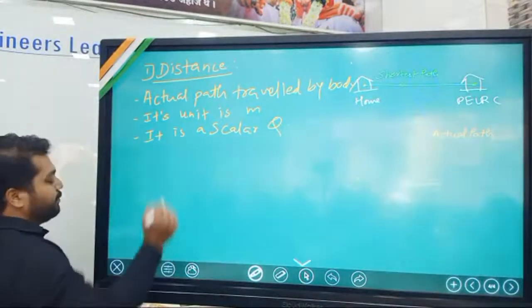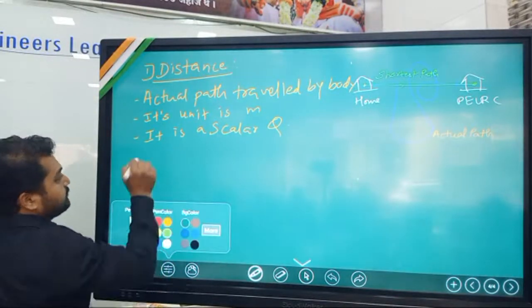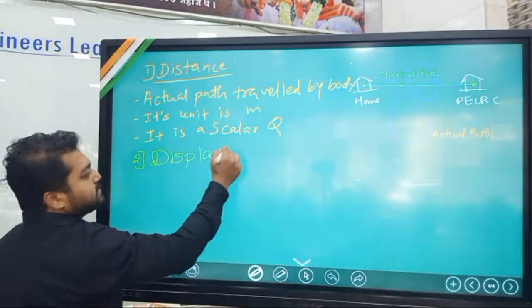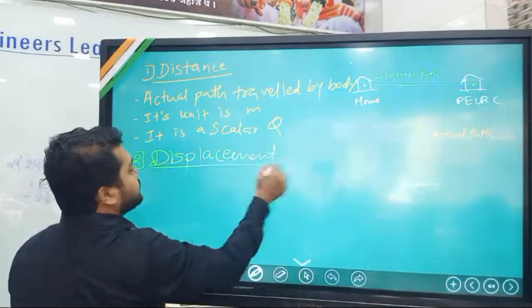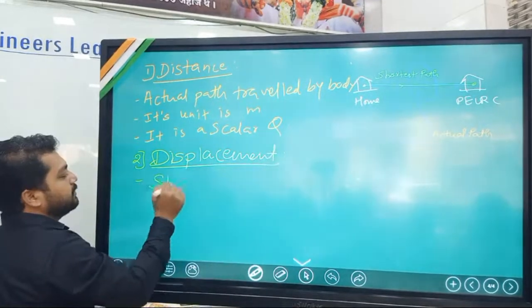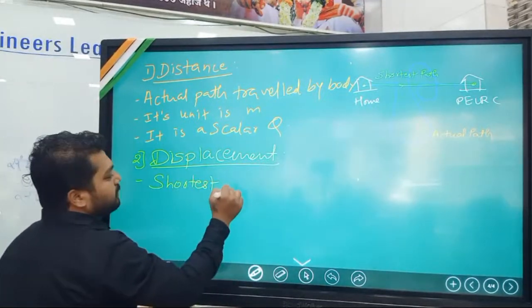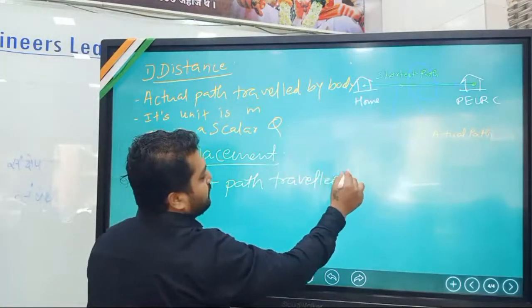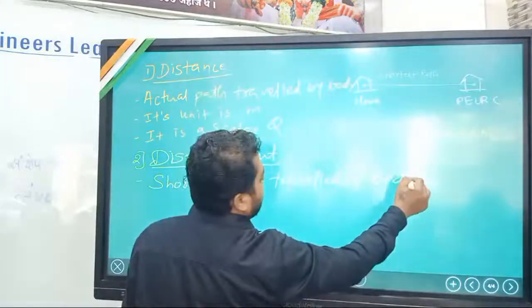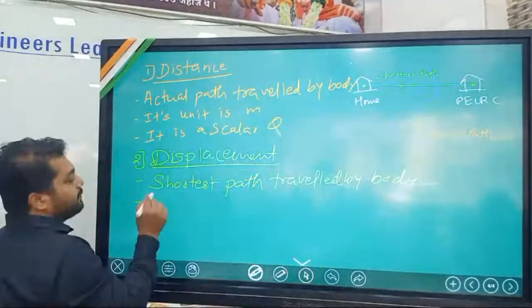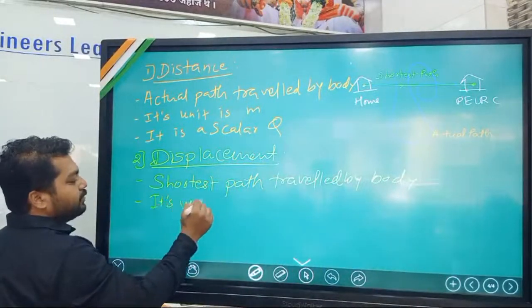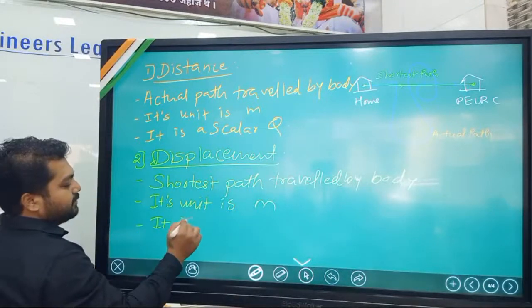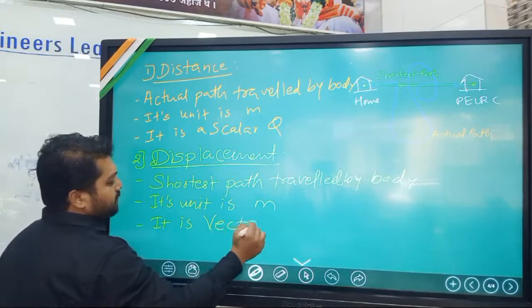Now the second definition is about displacement. What is it? Shortest path. Its unit is meter and it is a vector quantity.